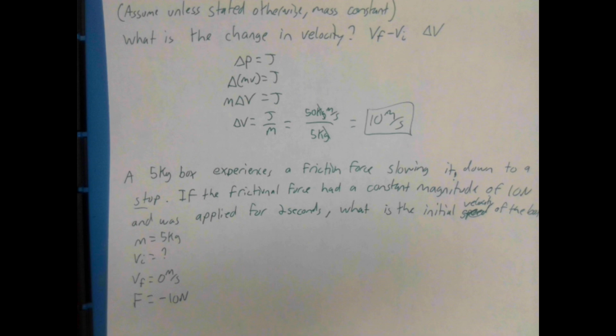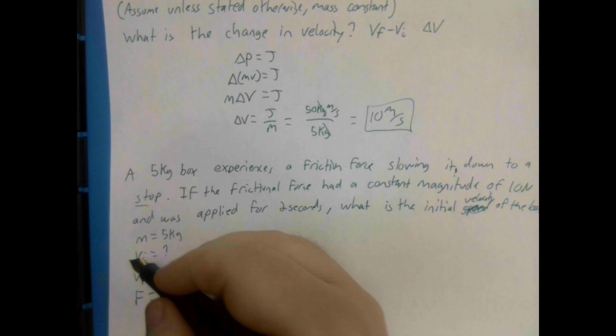We're going to assume that the initial velocity was in the positive direction and the frictional force is in the opposite direction and negative. And our time was 2 seconds. So, mass times final velocity minus mass times initial velocity is equal to force times time.